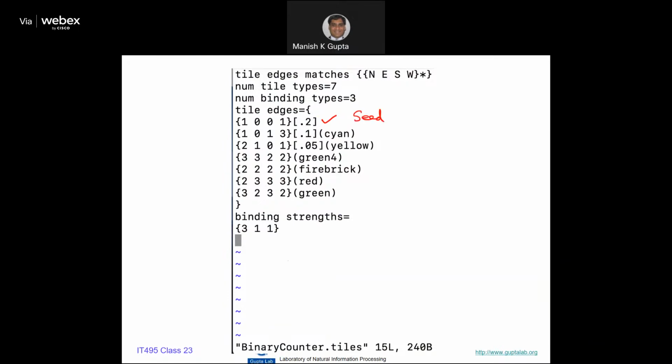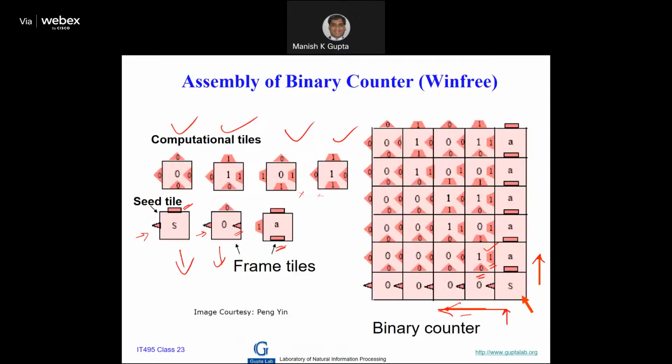Do you agree? Because you see north, east, south, west, the values are these. So what is the value at north here? 1. East here, 0. It means nothing is there, right? And south, 0, nothing is there. And here it is 1. This is your seed tile.